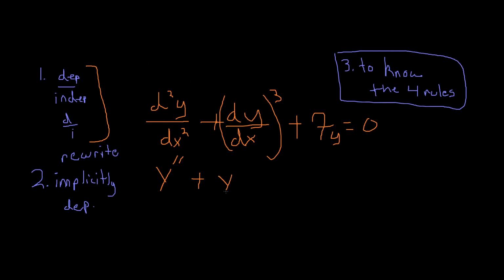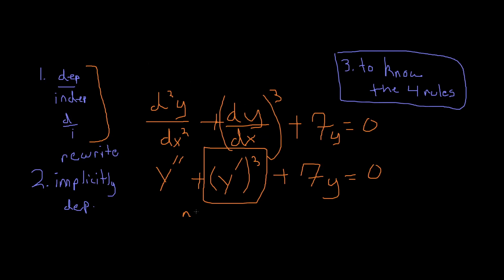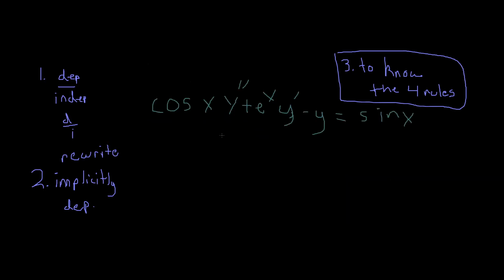And so this becomes y prime cubed. You can clearly see that this is a nonlinear differential equation because of this term. And so we just say nonlinear and explain what term is not giving us a linear differential equation, and we have our answer. Alright, let's take a look at our next example right here.